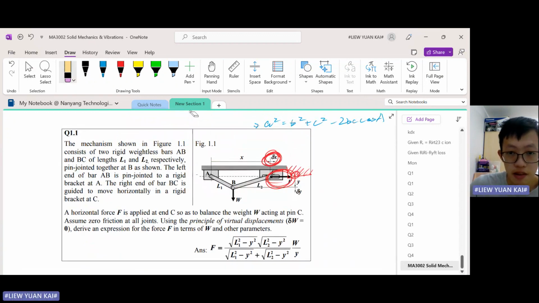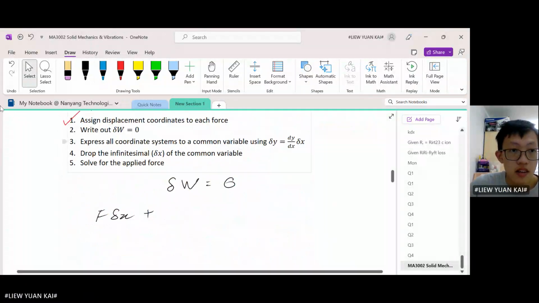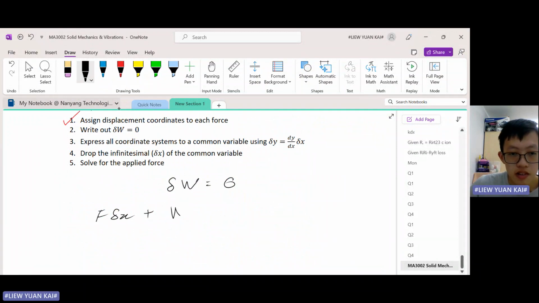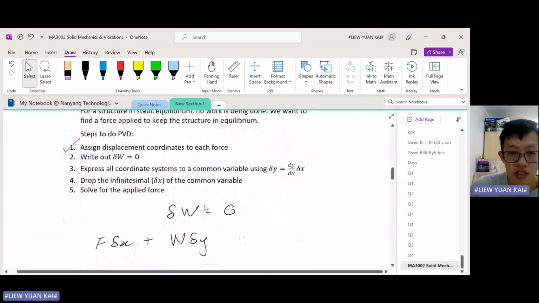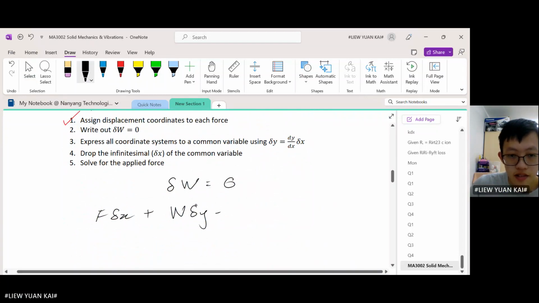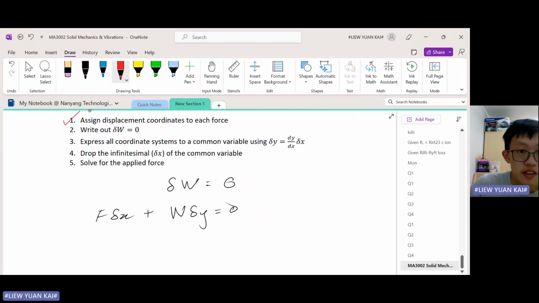We have W here. What's the work done by W? Force times distance. So we have W multiplied by the infinitesimal delta Y. So W delta Y. And that's it. We only have 2 forces, so that's all our work done. So step 2 is done.